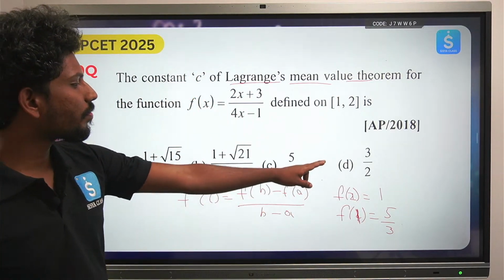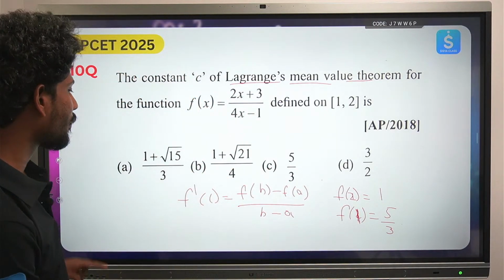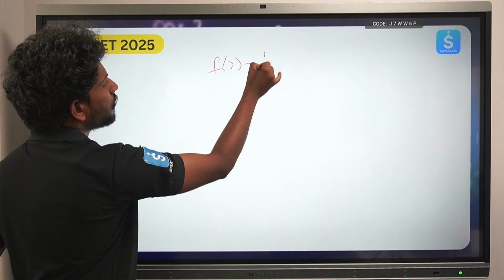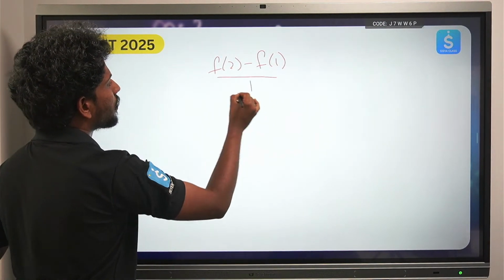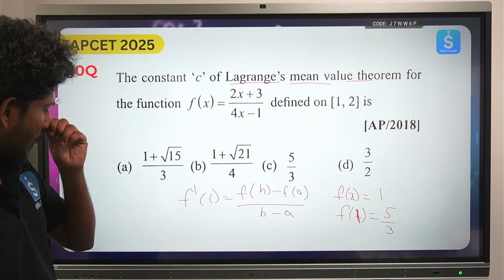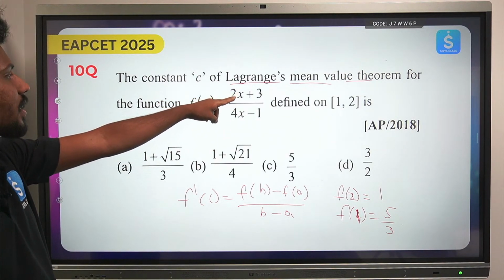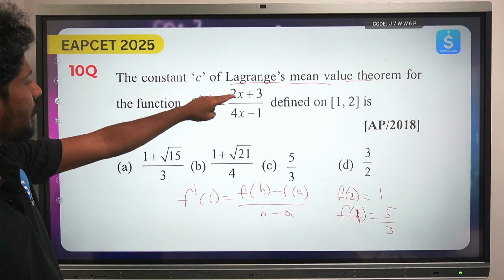So what is f of b minus f of a? f of 2 minus f of 1, by 2 minus 1, is equal to, now what is f dash of c? How can you find f dash of c? Just differentiate this using the u by v rule.